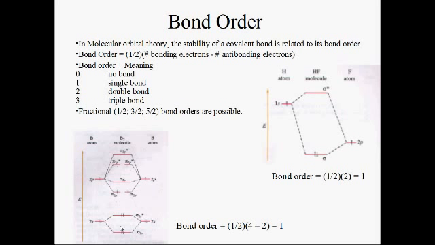So for our bond order, we count the number of bonding electrons: 2, 4 bonding. We have 2 anti-bonding. So 4 minus 2 gives us 2, divide by 2, and that means we have 1 bond available. For the HF molecule, we have 1 pair on the bonding level. So we have 2 electrons divided by 2, and we have a bond order of 1.